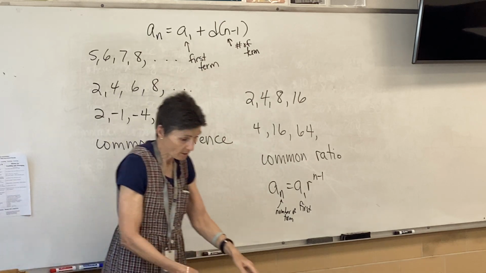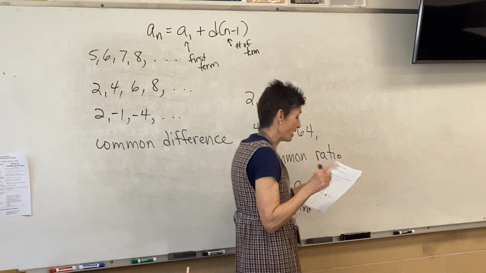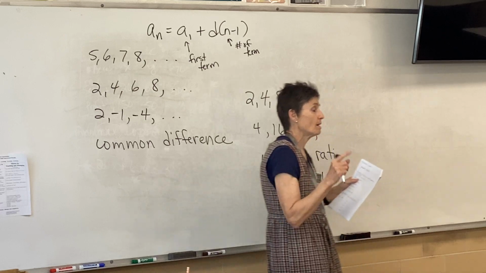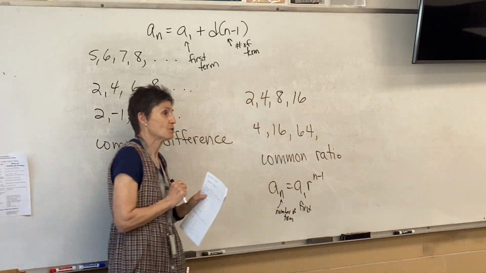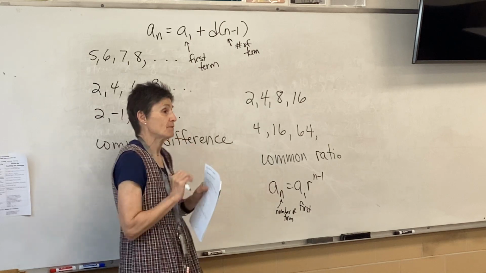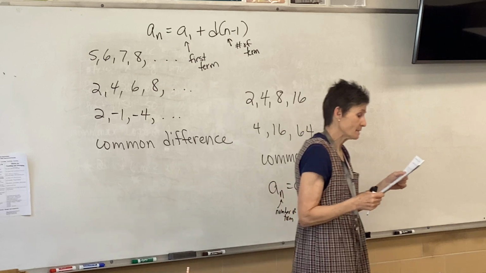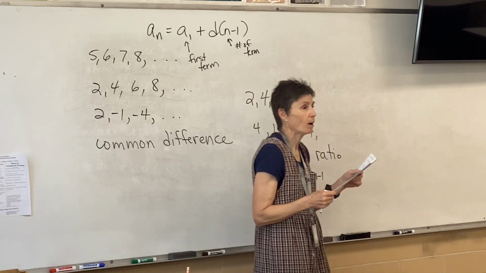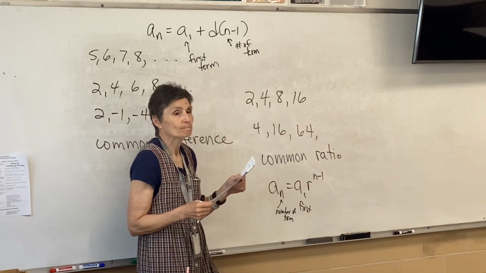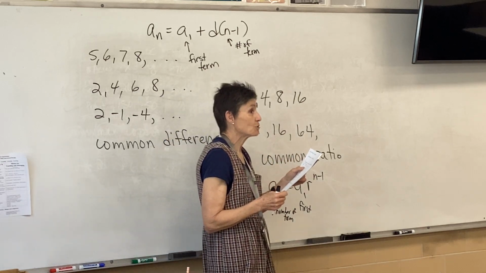All right, so here we go. Number 1, identify as arithmetic, geometric, or neither. And I'm going to also ask you to put down, if it's arithmetic, what's the difference? If it's geometric, what's the ratio? So let's look at problem A. What seems to be happening in problem A? Dividing by 2.